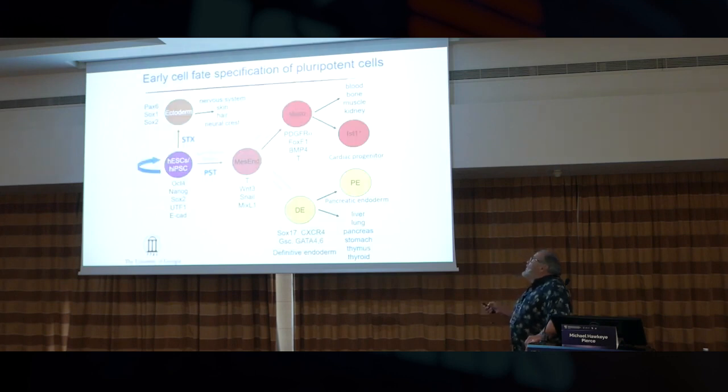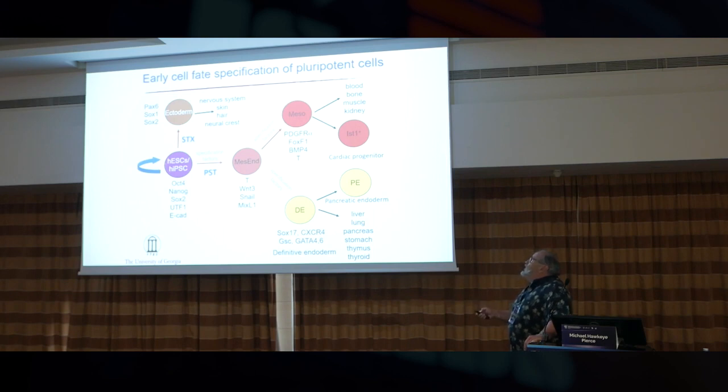So if we look back at the differentiation, if we start with the human embryonic stem cell, there are 2 enzymes in humans that make polysialic acid, and very interestingly, if you go down the mesendoderm definitive endoderm pathway that I mentioned before, it is the enzyme PST, also called ST8SIA4.